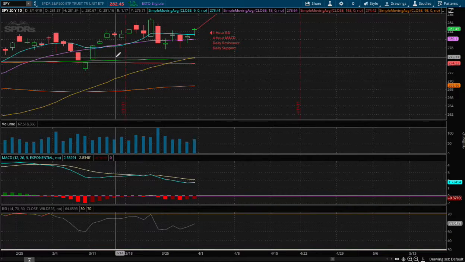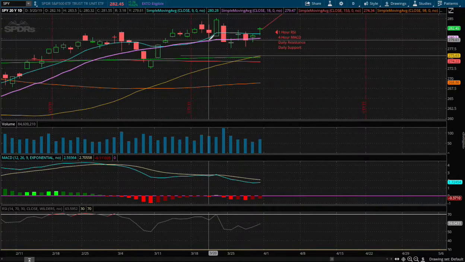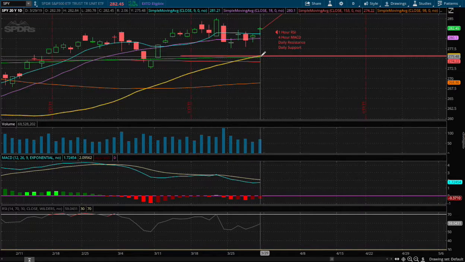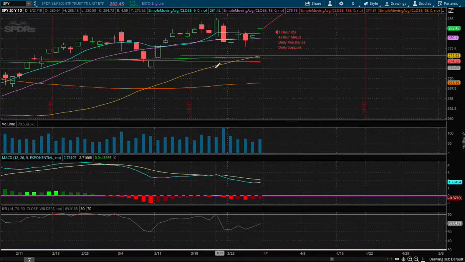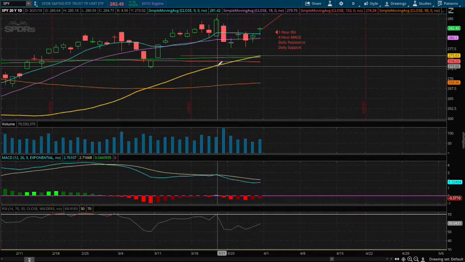That's the only daily or the next support that's most reliable, since we've been bouncing on and off of the 18 and 9-day moving averages. So I do believe this will be the next point where we may touch in next coming days, and that goes in line with the forecast model.